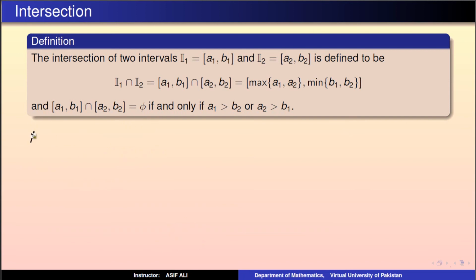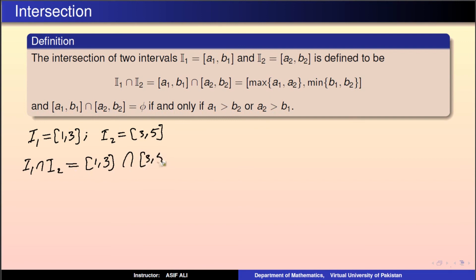एक और एग्जांपल देखते हैं। इसमें हमारे पास है I1 = (1, 3) and I2 = (3, 5). Then their intersection is I1 ∩ I2 = (1, 3) ∩ (3, 5), which is equal to maximum of 1, 3 is 3 and minimum of 3, 5 is 3, which is equal to 3.